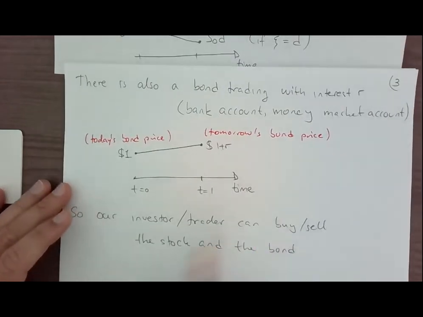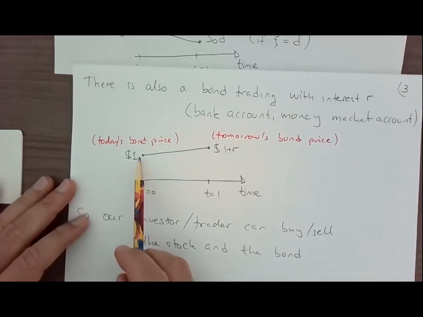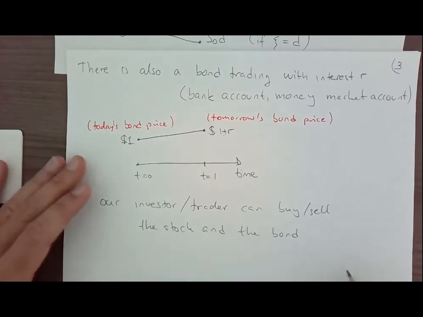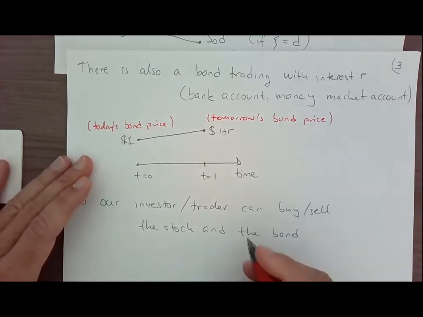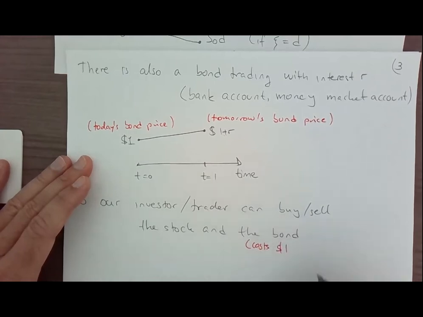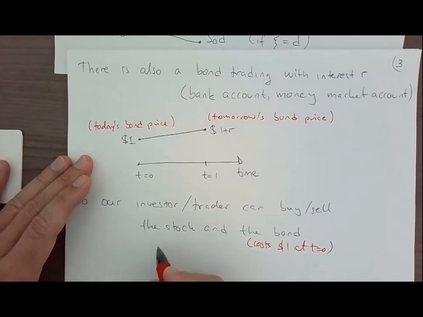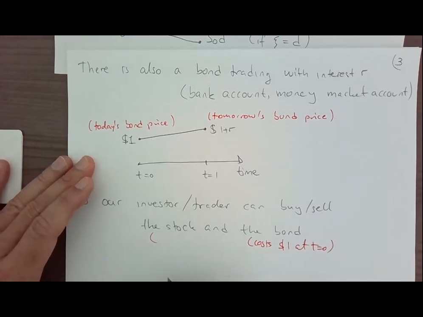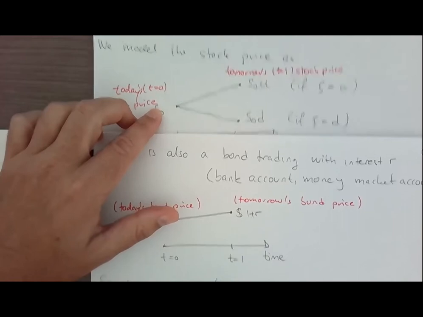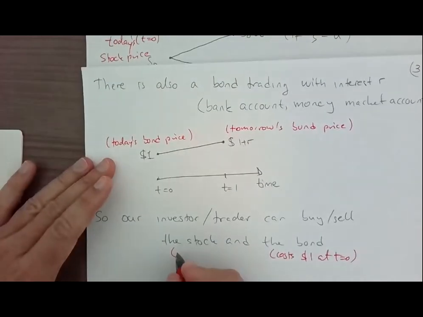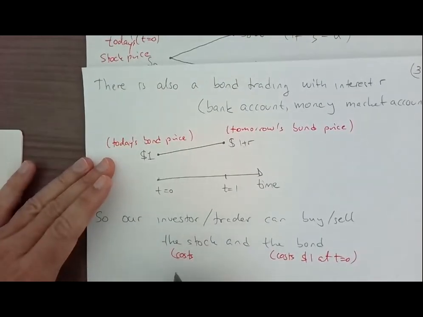So if he trades the bond, this costs $1 at time 0. And if he trades the stock, cost is $0. This one costs $1, this one is 0 at time 0.